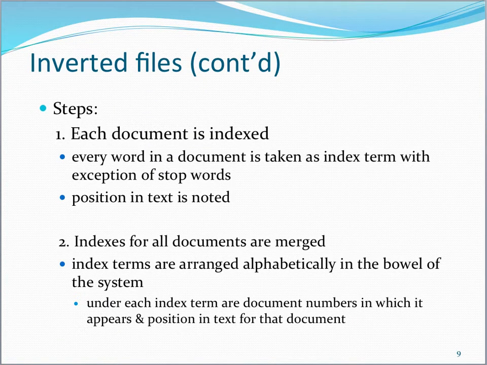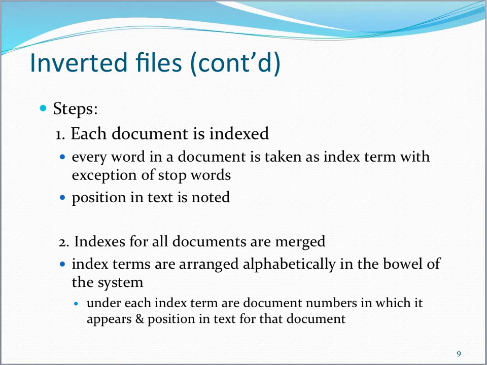Here we have another explanation, if it wasn't clear before. First, each document is indexed. Each word in a document is taken as an index term, with the exception of stop words. Position in text is noted. Second, indexes for all documents are merged, so we have an index of keywords. Index terms are arranged alphabetically in the body of the system.